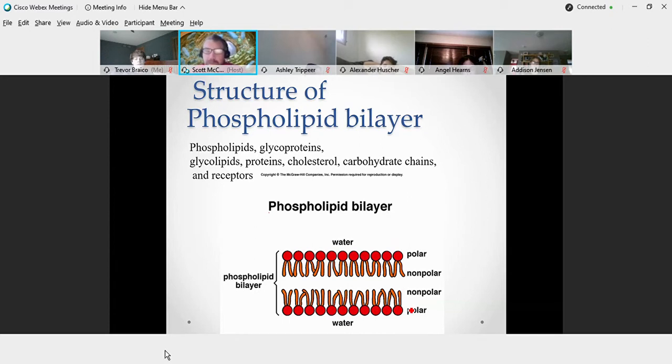When you think about this membrane, I want you to think of this part as looking at a cross section of that balloon. Okay, so this is the skin of the balloon. So this would be the inside of the balloon, and this would be the outside of the balloon. Okay.